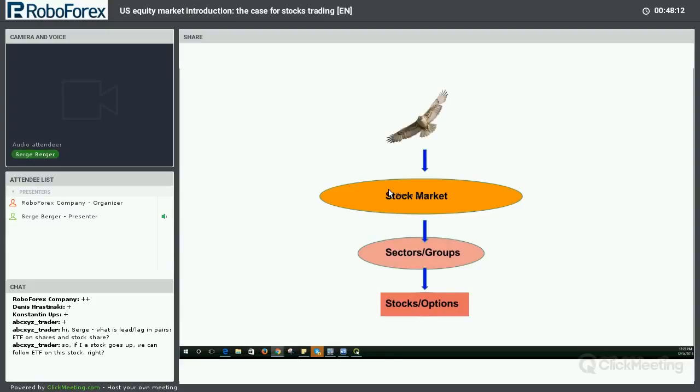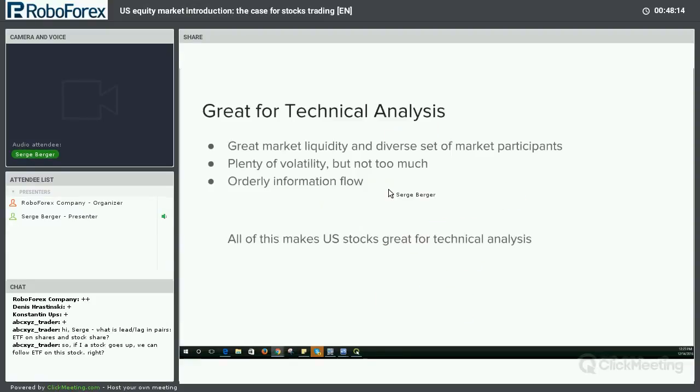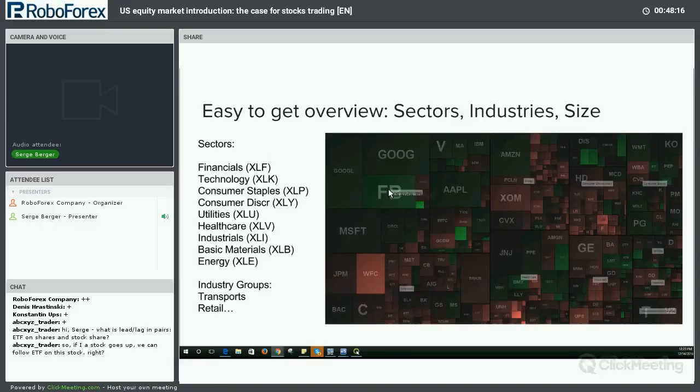Now, what we're going to be talking about in the next webinar is the best stocks to trade in the US stock market. And when I say the best stocks to trade, I'm not giving you stock tips, or at least not yet. What we are talking about is which stocks should you focus on? What is the type of volume you want to focus on?